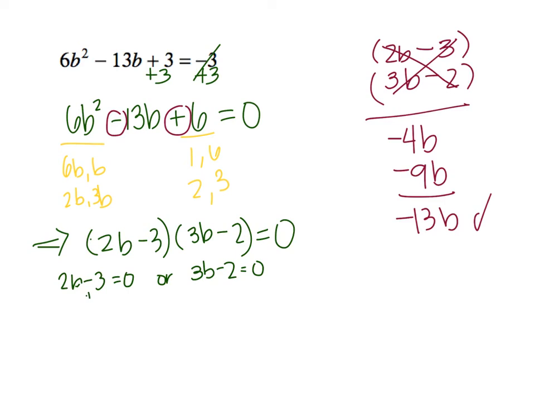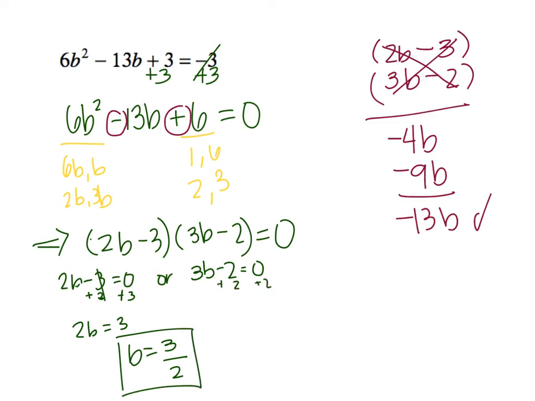Adding 3 to both sides, 2b is equal to 3. Dividing by 2, we have b is equal to 3 over 2. Or, adding 2, 3b is equal to 2, so b is equal to 2 over 3.